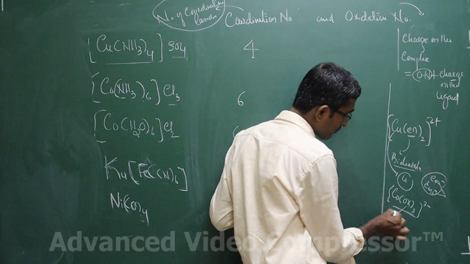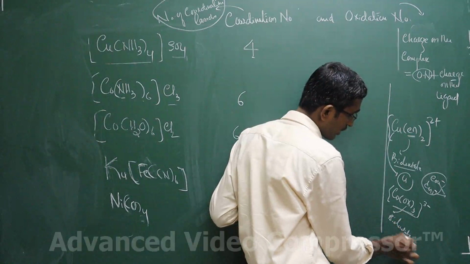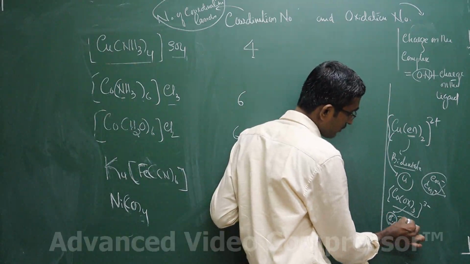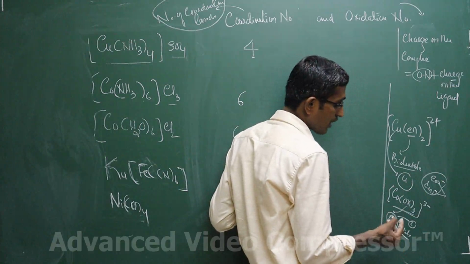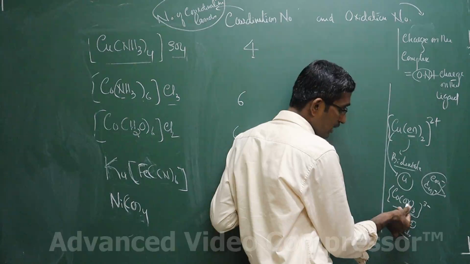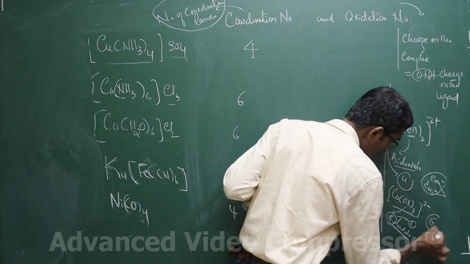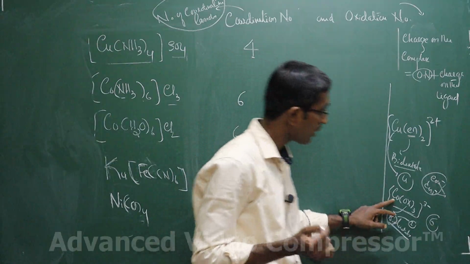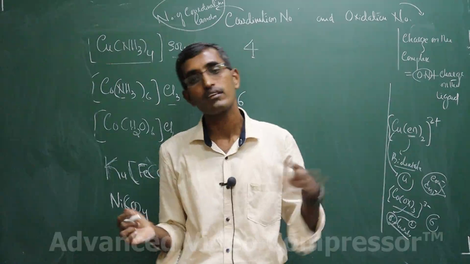So again it is a bidentate ligand. A bidentate ligand is the one which makes 2 bonds with the central metal ion. How many bidentate ligands? 3 bidentate ligands. That means the number of coordination bonds is 6, or the coordination number of the complex ion in this particular complex is 6.